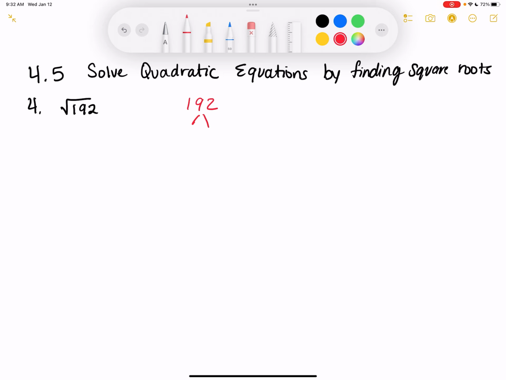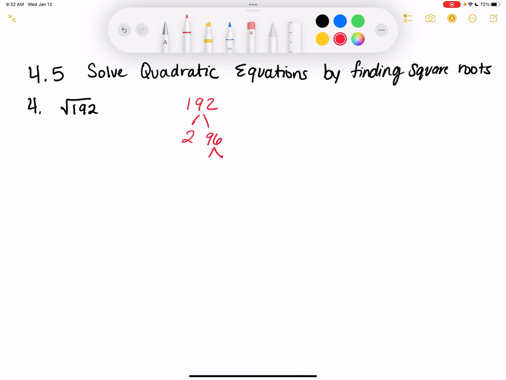So we're going to factor it. 192, well, I know 2 is going to come out, and 96. I would recommend you go as simple as possible.